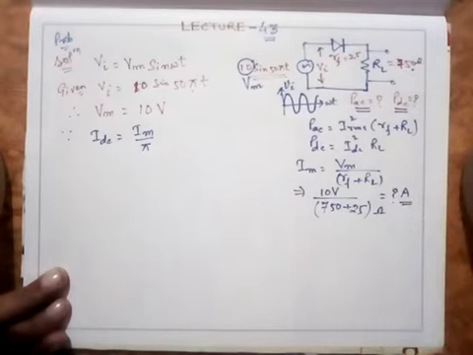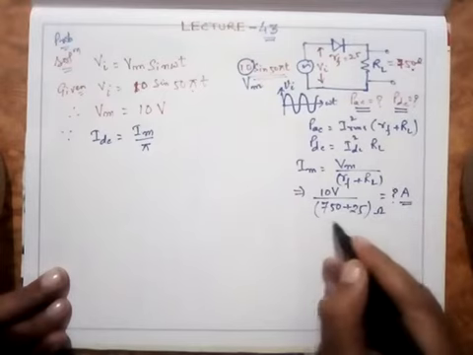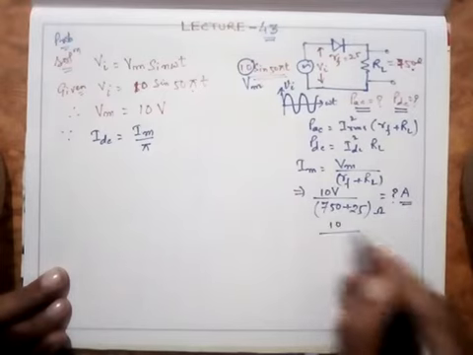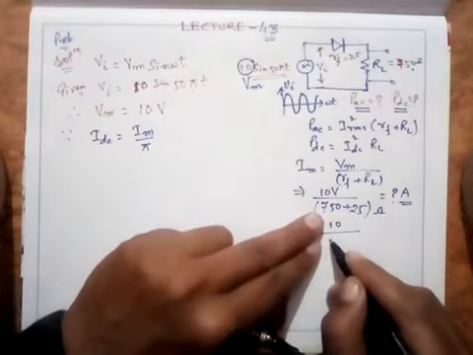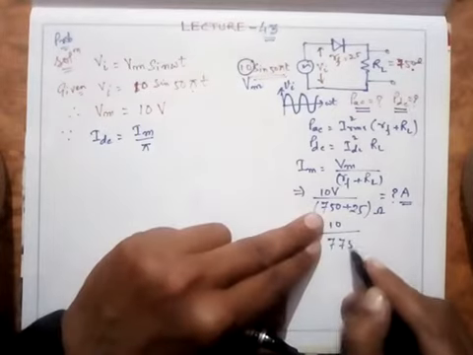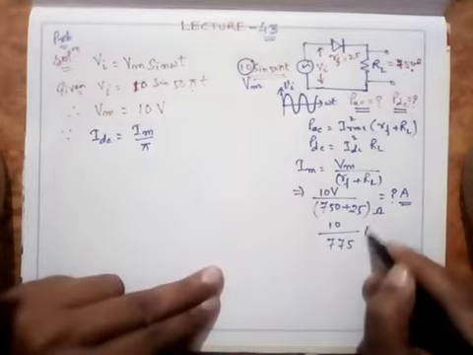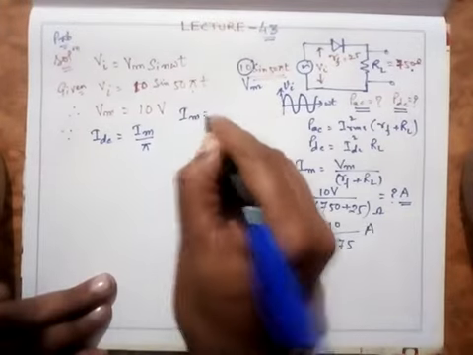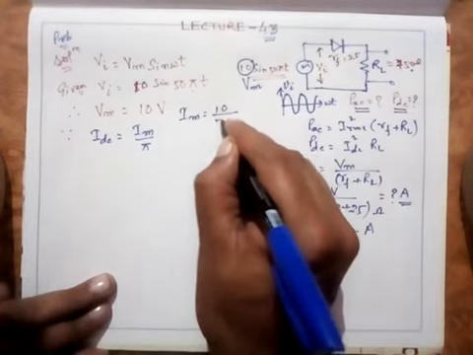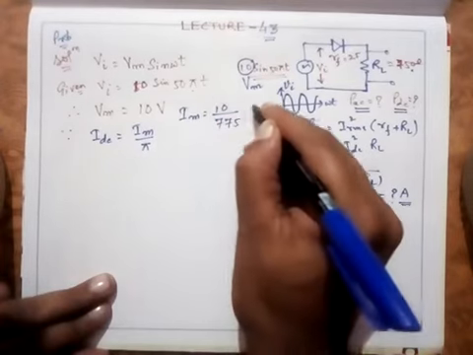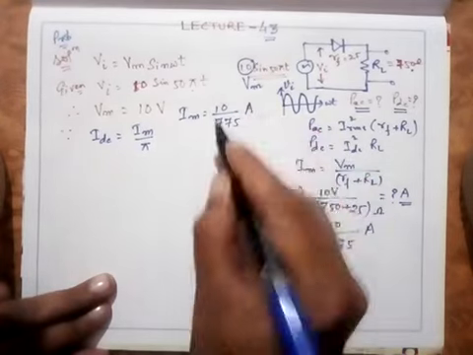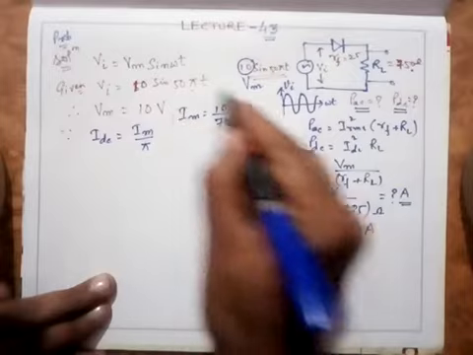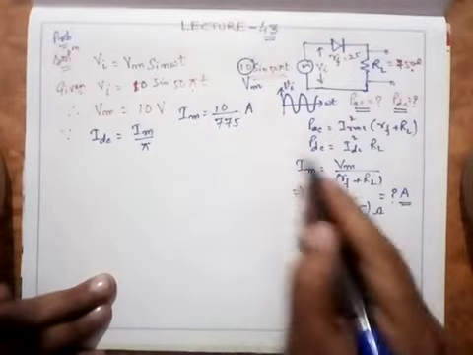Whatever value you get from here. So I'll get the value of this is equal to 10 upon 775, you can say. 10 upon 775 ampere. It means the value of Im is equal to 10 upon 775 ampere. I don't have a calculator right now, so just find the value of this up to at least the second place of decimal.